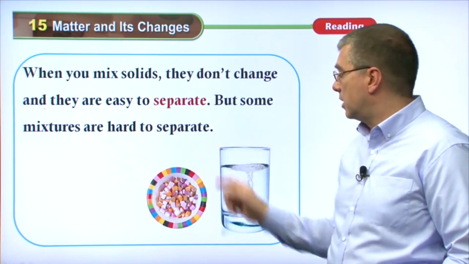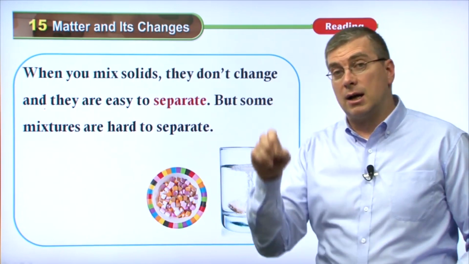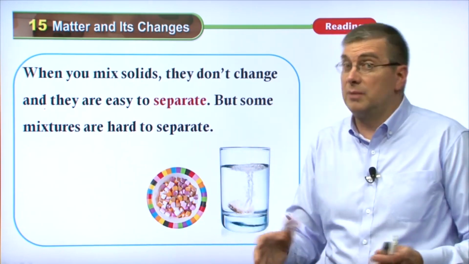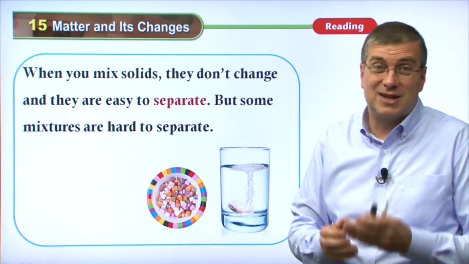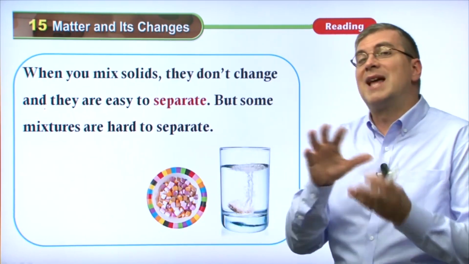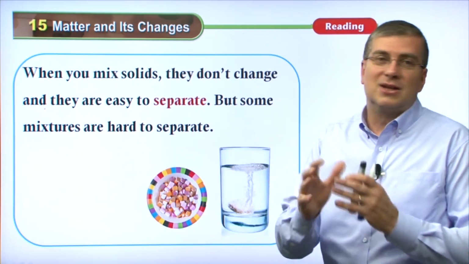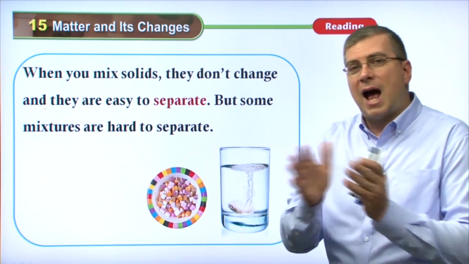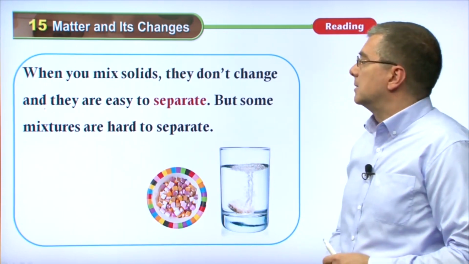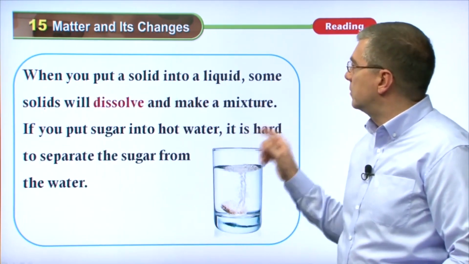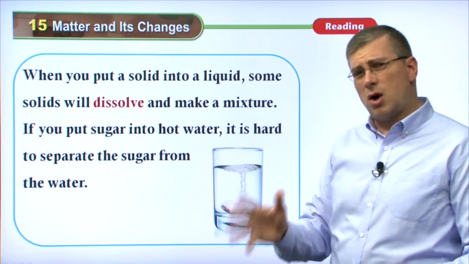But some mixtures are hard to separate. Obviously, if you have medicine, pills that dissolve in water, you can't separate them. They're together, right? In fact, you can't even see how to separate them. They're blended together so well that it's very hard to determine how they are different. They seem to be the same thing now. Okay, when you put a solid into a liquid, some solids, not all solids, right?